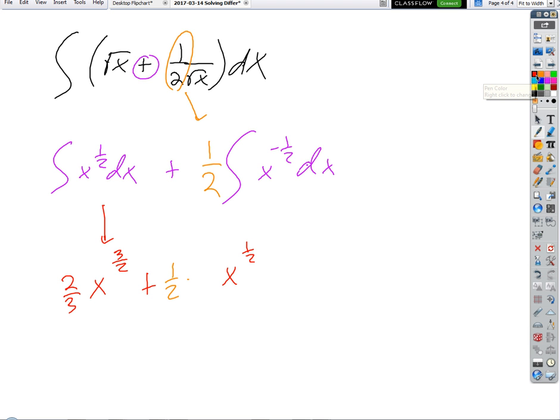But we're not done here, right? That's n plus 1, but we have to do x to the n plus 1 divided by n plus 1. Well, what's the reciprocal of 1/2? 2. So then that's our answer, and those cancel, right? See how that works? Okay.